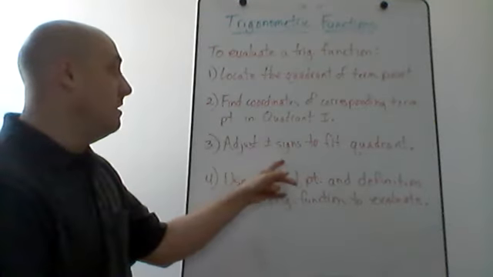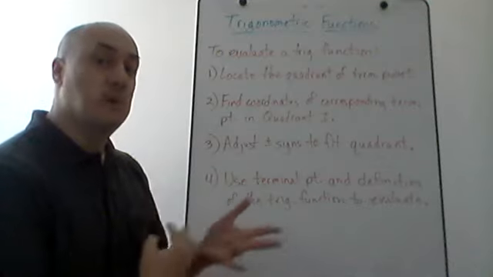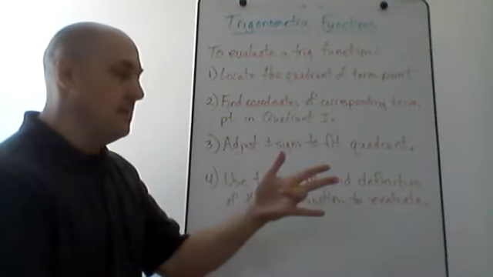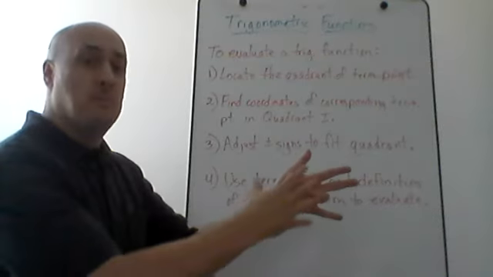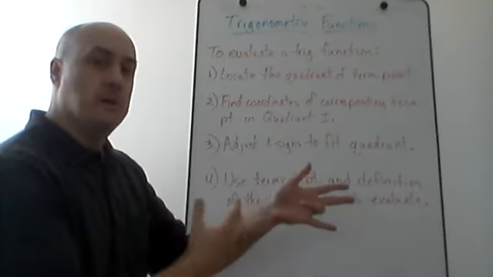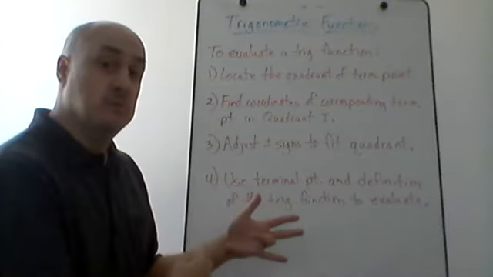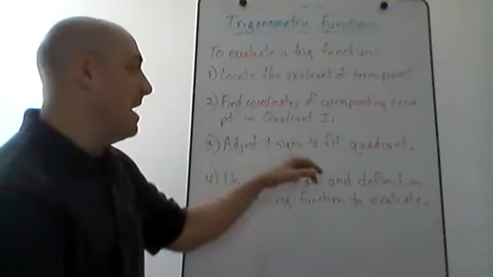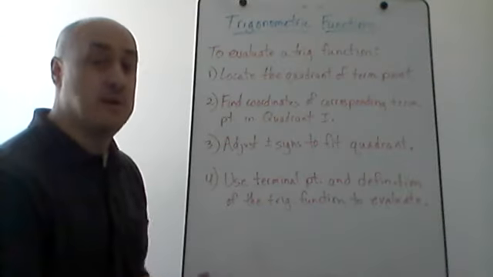And then step 3, adjust the positive and negative signs of that terminal point to fit whatever quadrant you're in. Pi over 6 is root 3 over 2 comma 1/2, but if I'm in quadrant 3, I have to make both the x and the y negative, so it would be negative root 3 over 2 comma negative 1/2. That gives me my terminal point for the t value, the input value to my trig function.